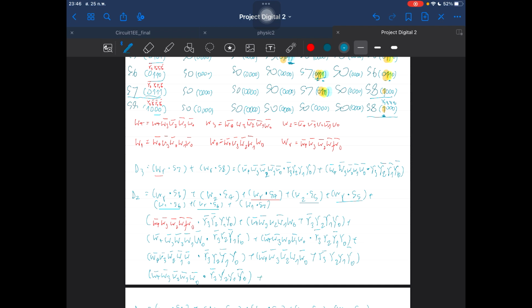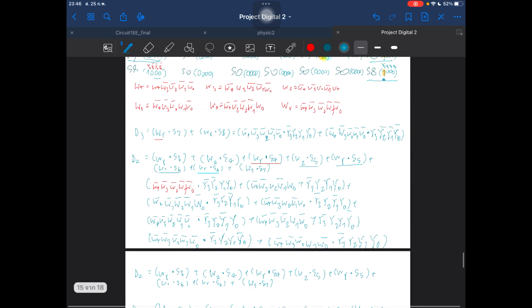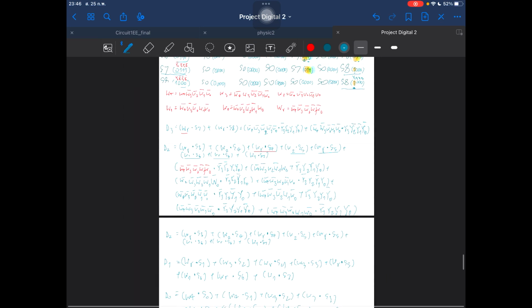Or with W1, which is W3 that, W2 that, W1, W0 that, and state 7 name is Y3 that, Y2, Y1, Y0, like this. And then we will get the D2 equation.